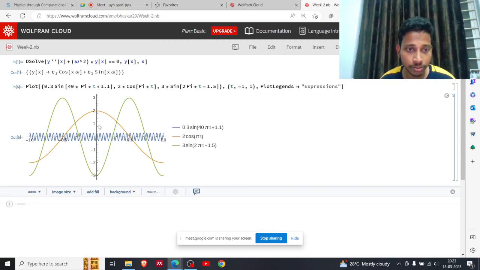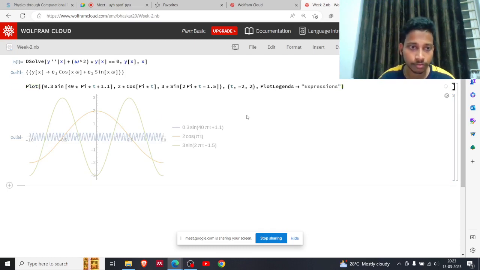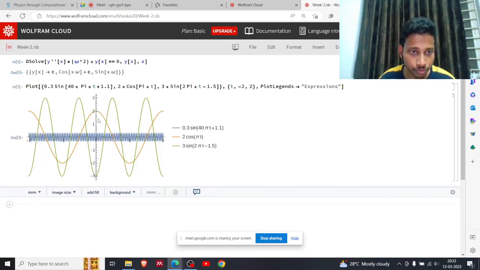So time period is 2 means that it is reaching the displacement 2 at 0 and then again at t equal to 2.